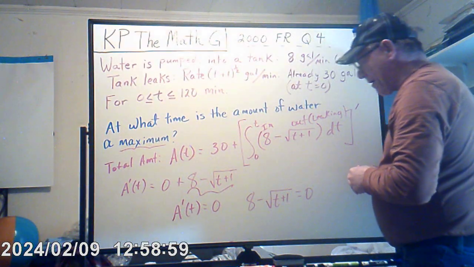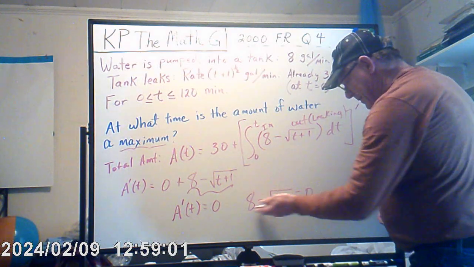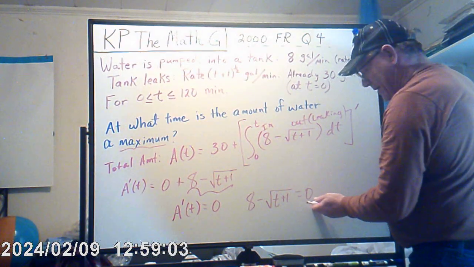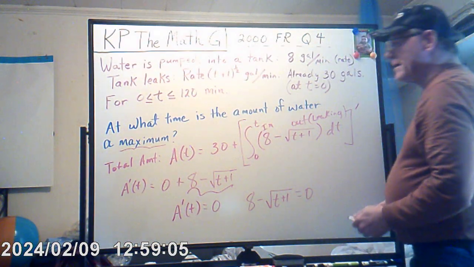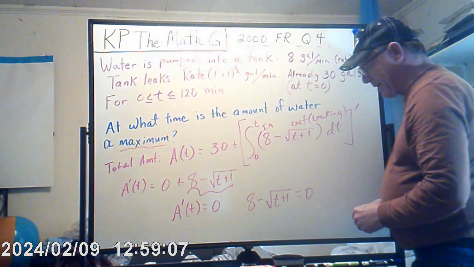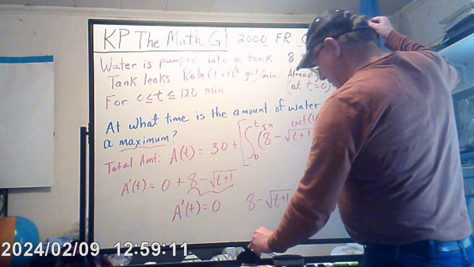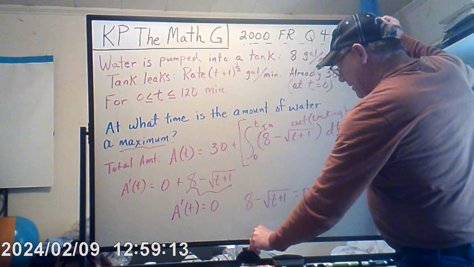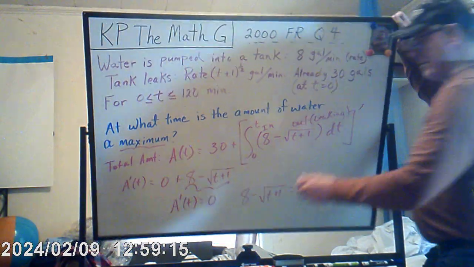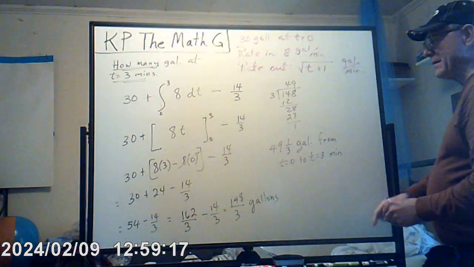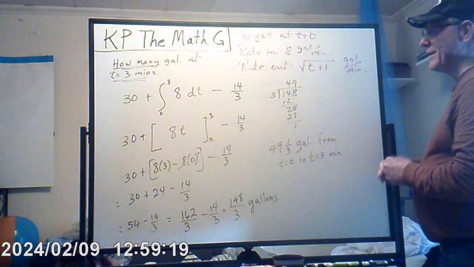Now we have to figure out what the value of t is. We have to solve for t, and I believe we can do that. Let's flip the board over. I don't know if I'll erase the other side or not, but I already have it written down from yesterday.